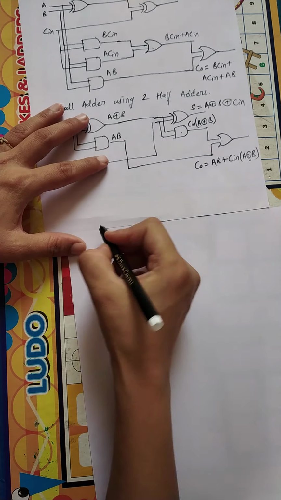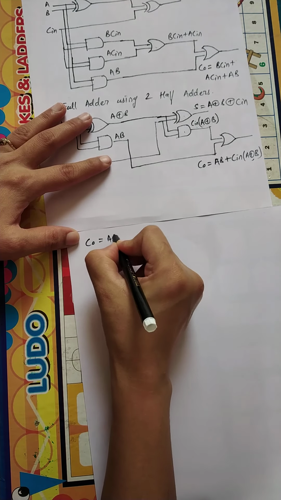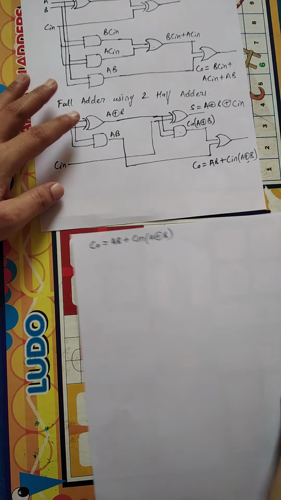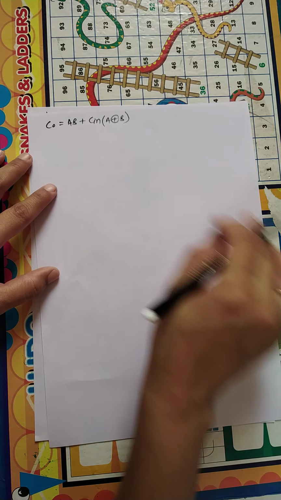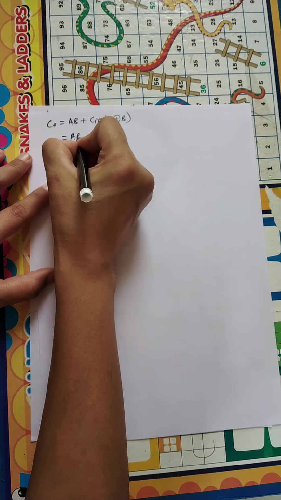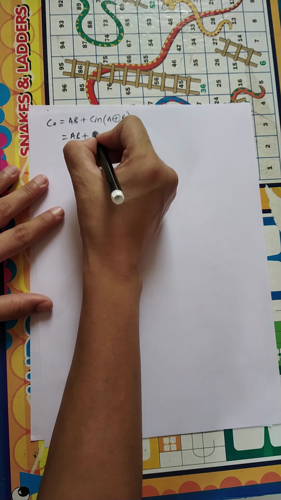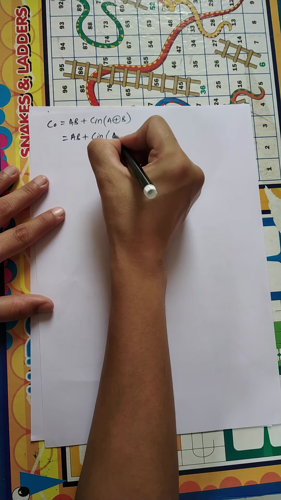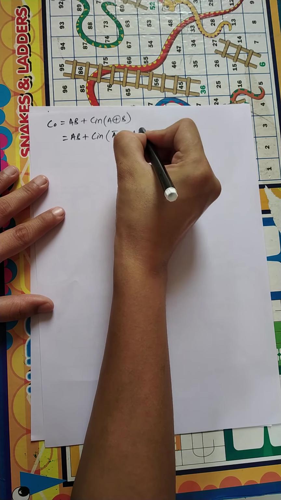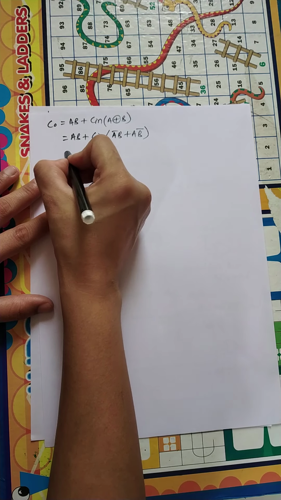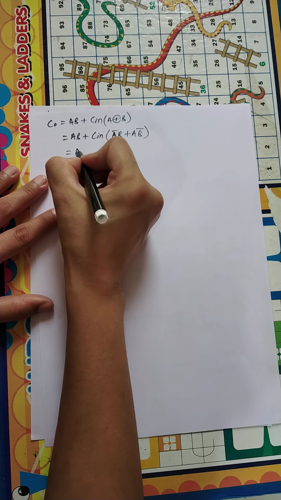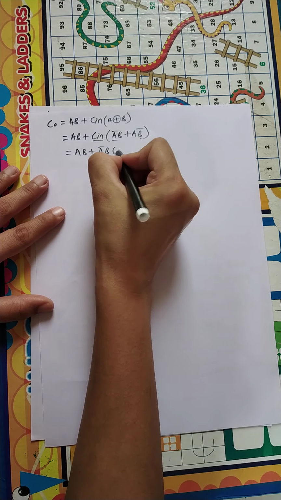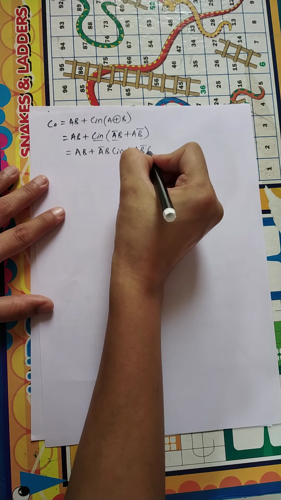So here, C out is AB plus C in (A XOR B). By using Boolean laws and De Morgan's theorems, we can simplify the expression. So here AB plus, now you can use C in, and instead of A XOR B we are having a formula, that is A bar B plus A B bar, right? So I have written the formula there again. Now next, multiply C in to this bracket. So here I will get A bar B C in plus A B bar C in.